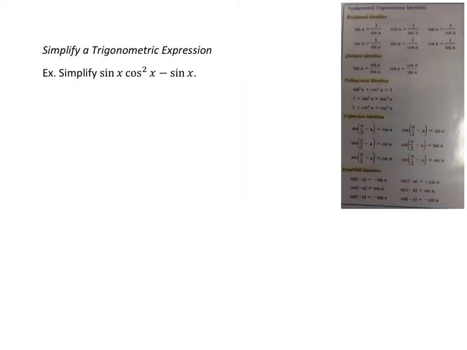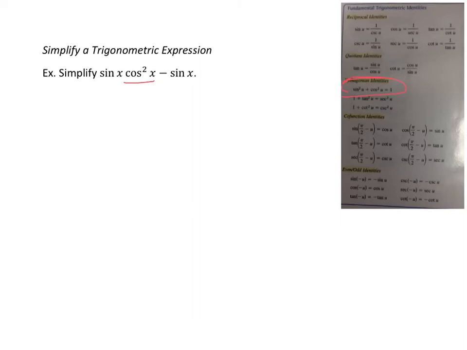Okay, we're going to try some simplifying again. First of all, it's usually easier if you can get this all into one, so that maybe we can have some of these terms cancel. If you take cosine squared x, that is in your identity sheet right there. Okay, it's that first Pythagorean theorem identity.